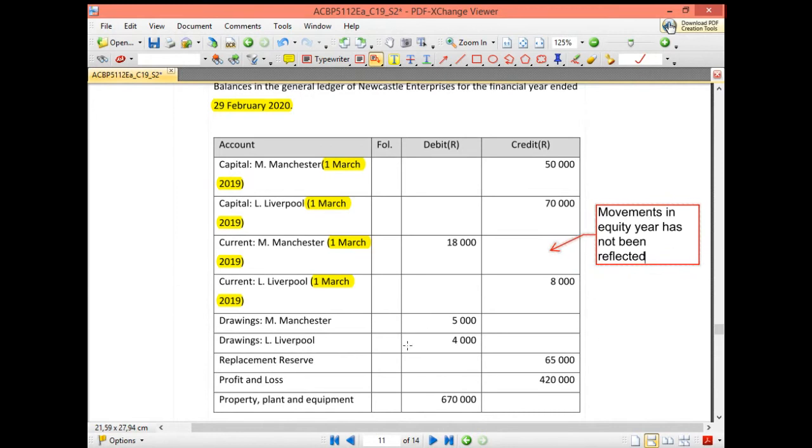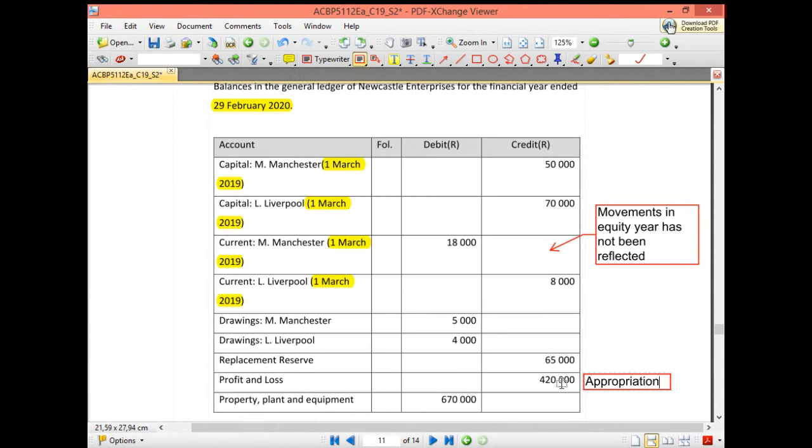Then they've given you drawings, they've given you a replacement reserve, they've given you a profit and loss. Now your profit and loss would be used for your appropriation account. Okay, so this is our starting point, and then we would adjust it for any additional information or interest and expenses that would need to be accounted for specifically for your partnership.